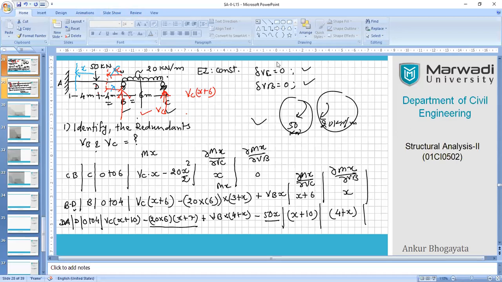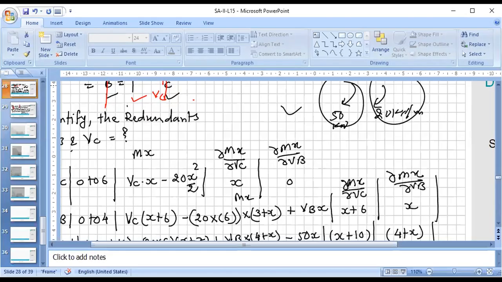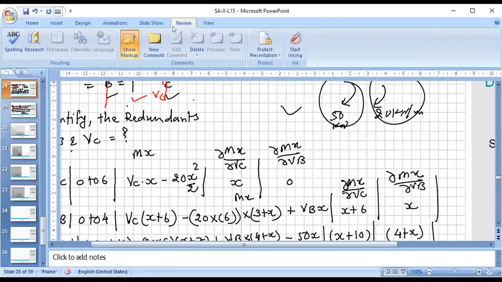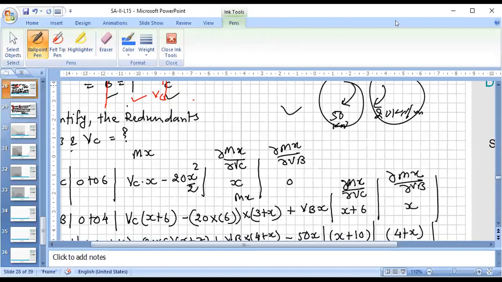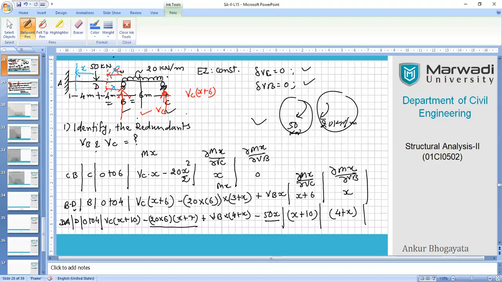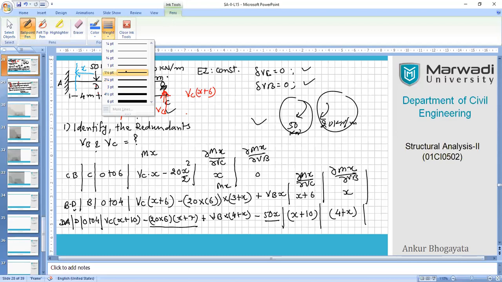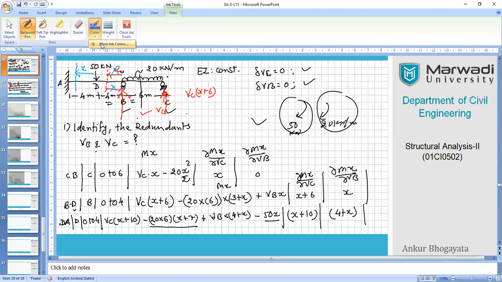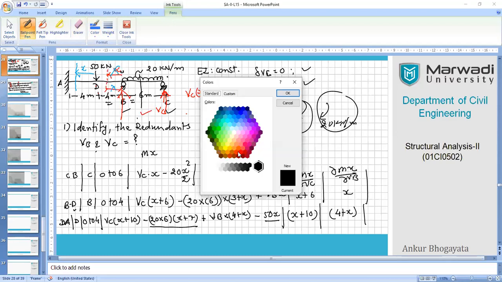let me go to the screen sharing once again so that I can open this pen function. Okay. So according to this condition, let me go to the red color for a while.